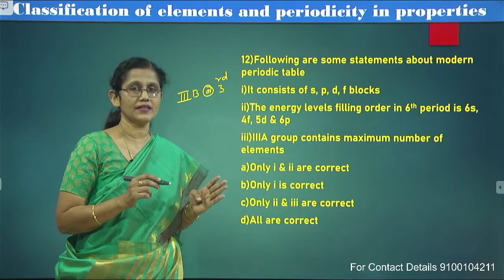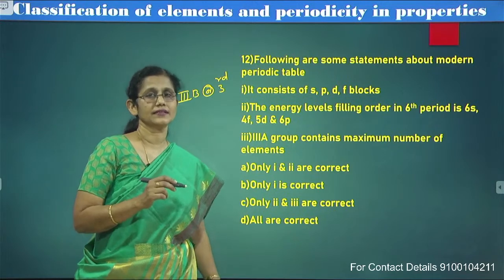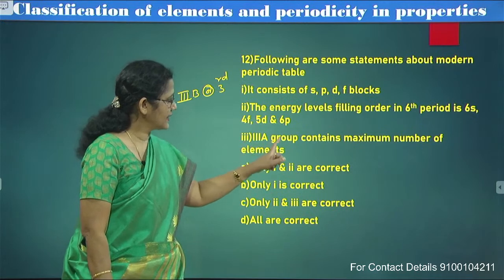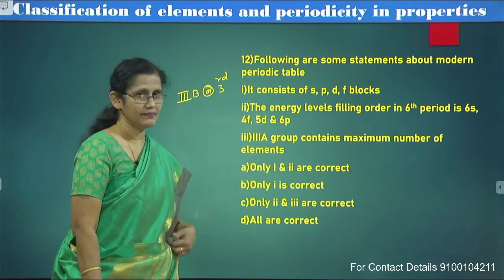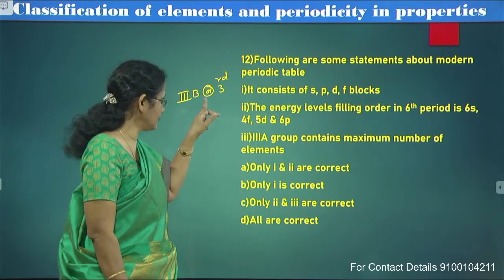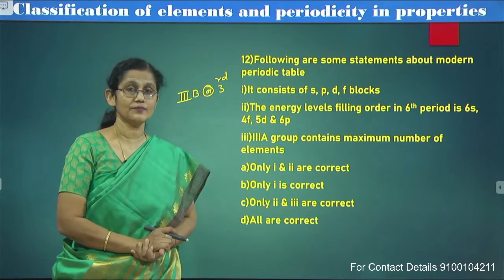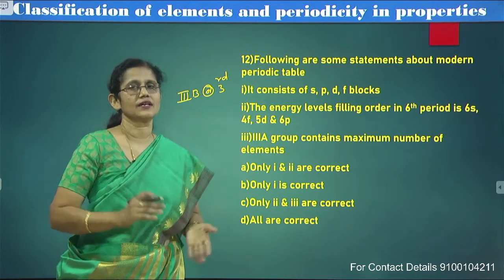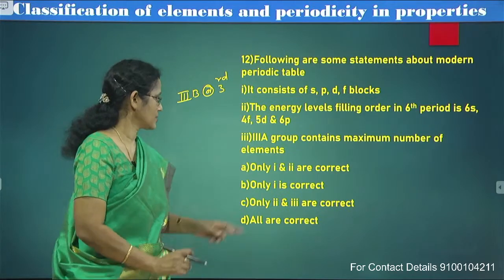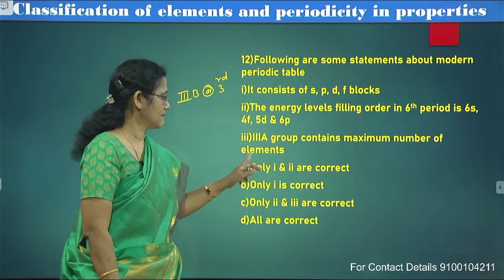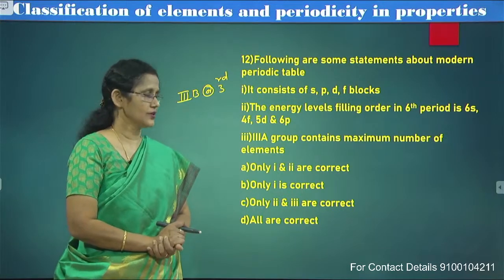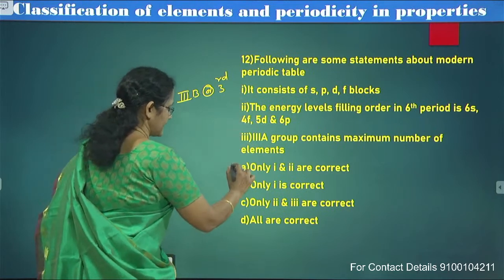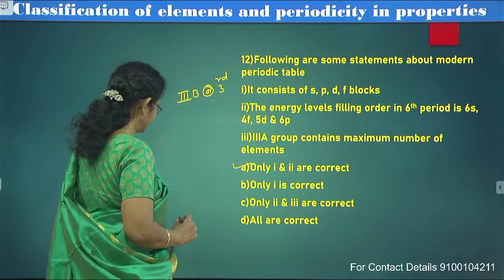So, this should be the longest group with 32 elements. So, the statement that third A group contains the maximum number of elements is wrong. The latest IUPAC recommends numbering 1 to 18 from left to right. So, only 1 and 2 are correct. The correct answer should be A.